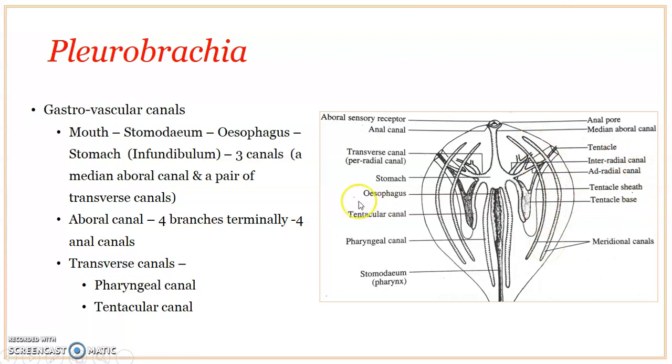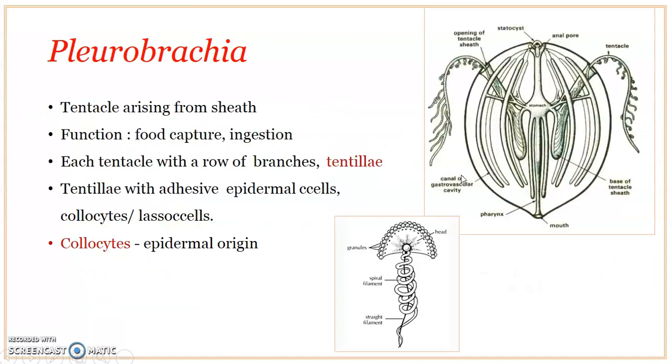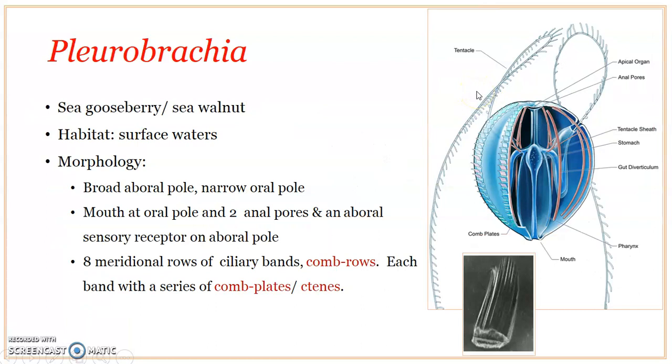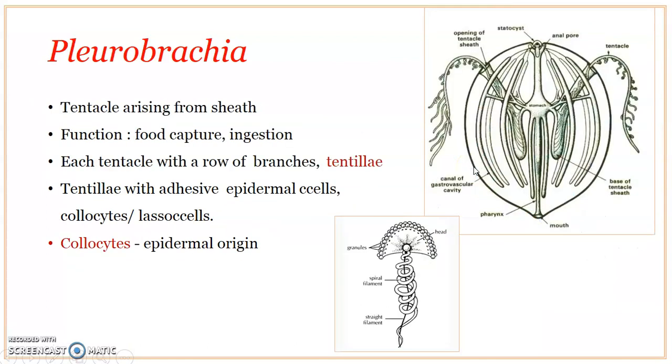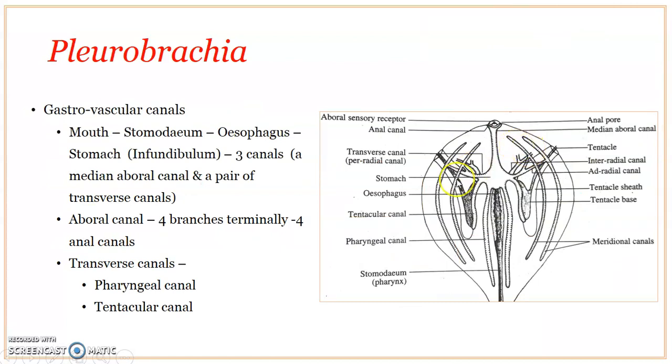So this is what is referred to as the gastrovascular canals. The meridional canal lies just beneath the corresponding comb row. I hope you remember the comb rows, the plates or combs.